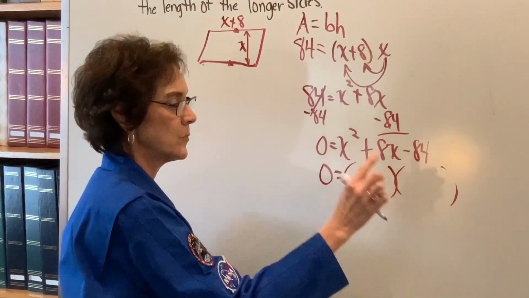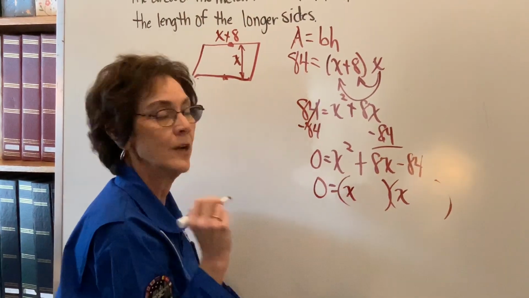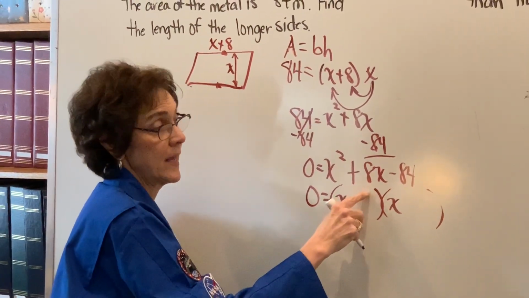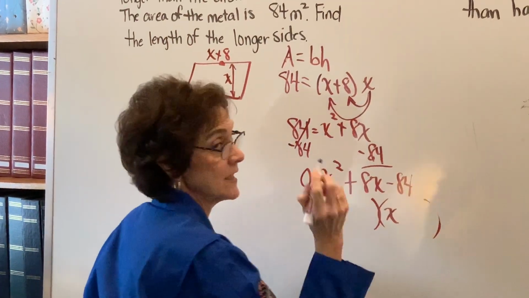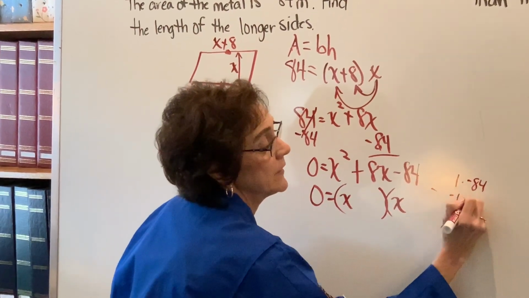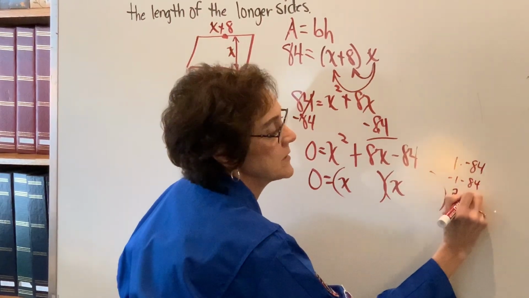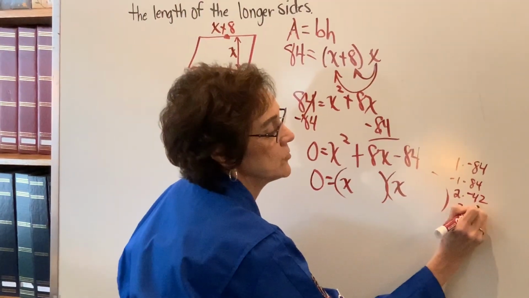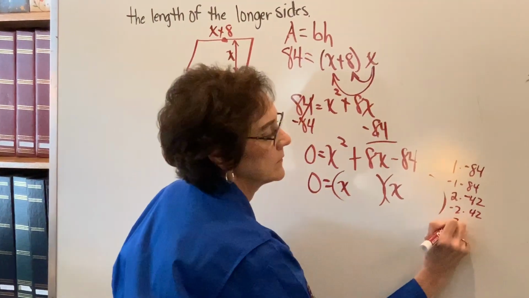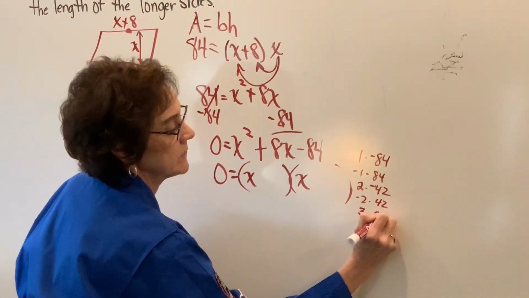What first term times what first term equals the first term? X times X. What last term times last term equals negative 84, but it's got to add up to 8. Your inners and outers are 8. So let's think about 84. So we could have 1 times negative 84 or negative 1 times 84. 2 goes into that. You could have 2 times negative 42 or negative 2 times 42. 3, actually, yeah, 3 goes in there. 3 times, what would that be? 28?